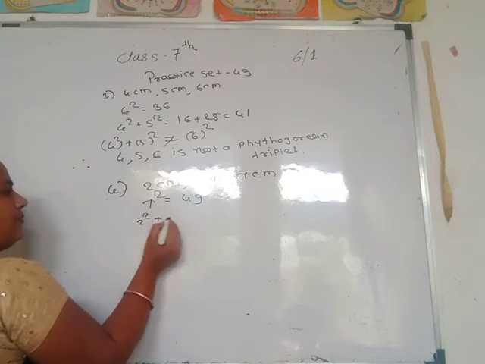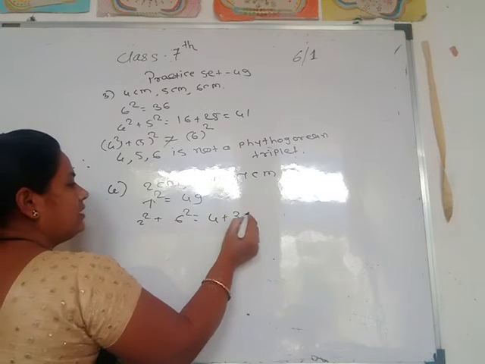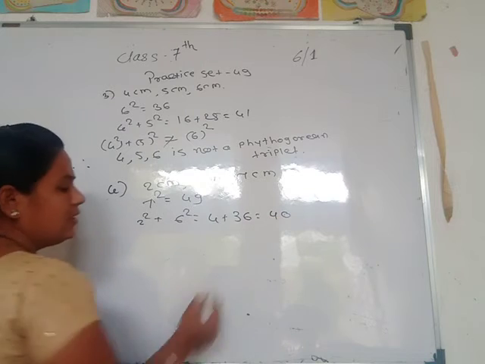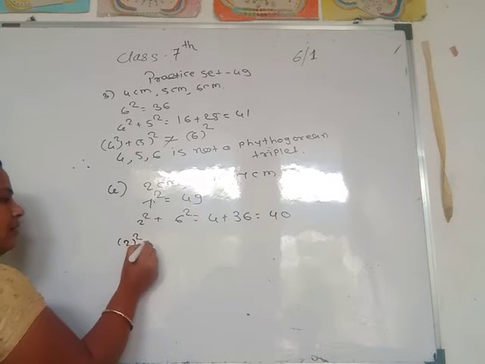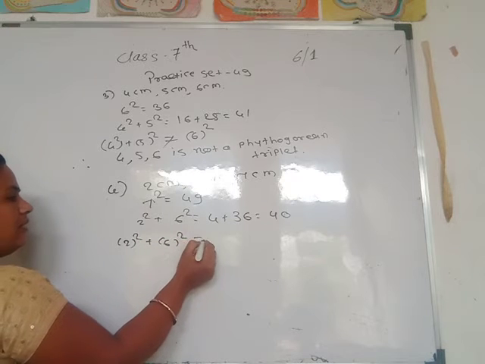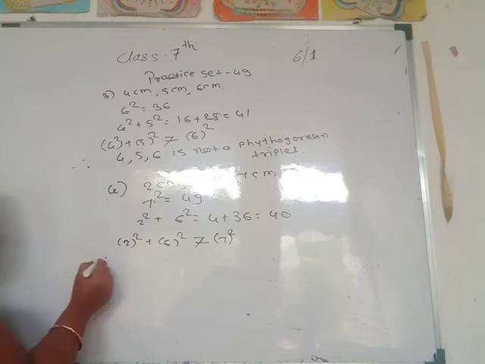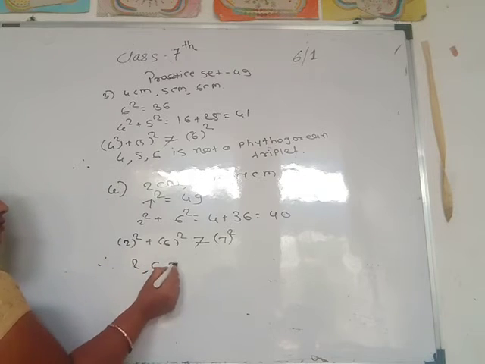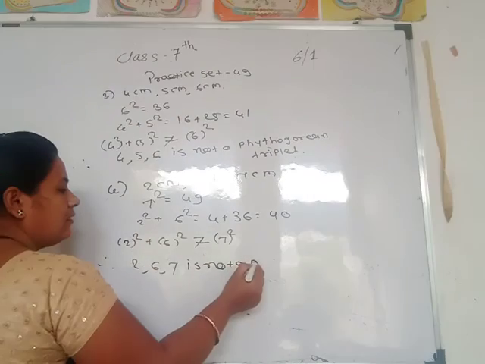Then 2 squared plus 6 squared: 2 squared is 4 plus 6 squared 36, 36 plus 4 is 40. Then you write here 2 squared plus 6 squared is not equal to 7 squared. Therefore 2, 6, 7 is not a Pythagorean triplet.